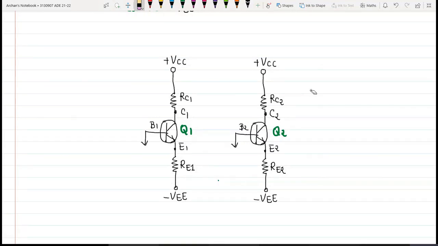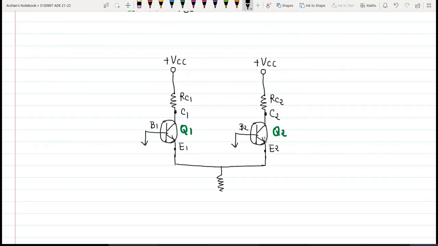The emitter of transistor Q1 and the emitter of transistor Q2 are to be connected together, right? So I am removing these resistances and connecting the two terminals together. Now what will happen to these two resistances? Two resistances will appear in parallel to each other, which will make one resistance. Let us call this resistance Re.